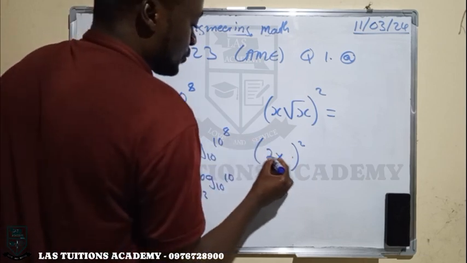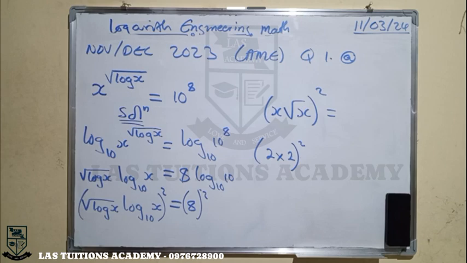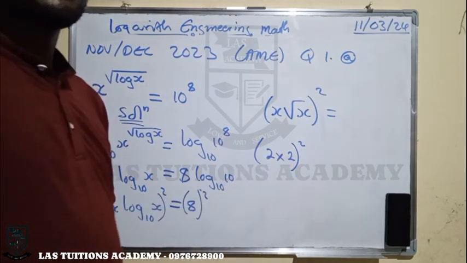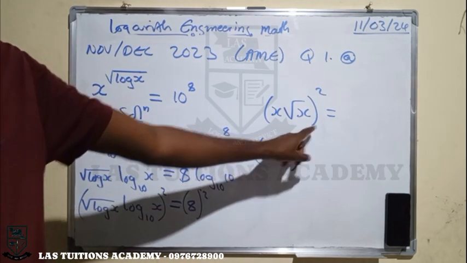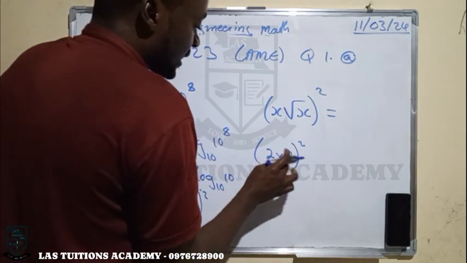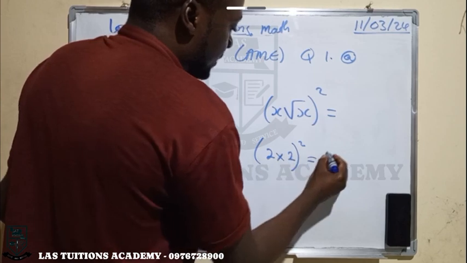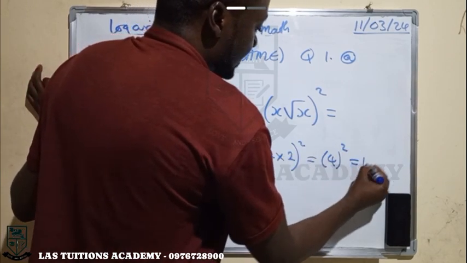So, what is 2 times 2? Yes, Brandon? 4. 4 squared, what are you going to get? 16. Good. So here 2 times 2, inside here we are going to get 4. Then 4 squared is going to give us 16.